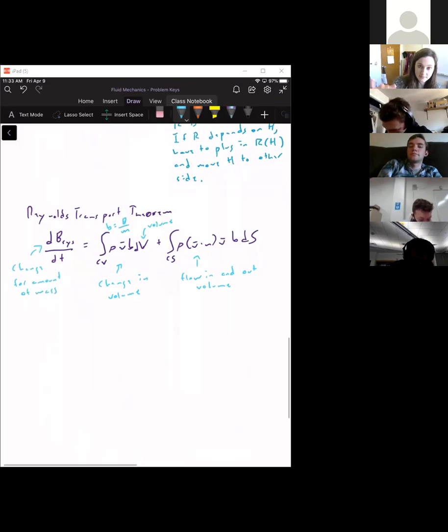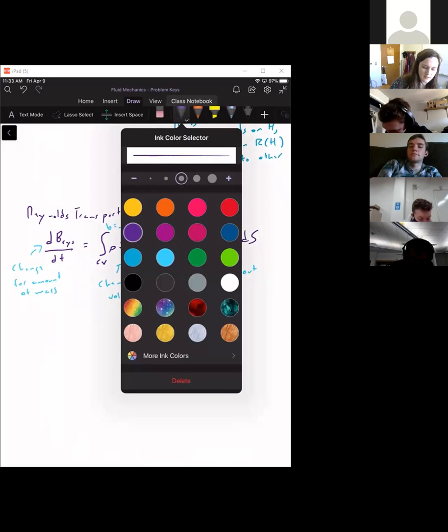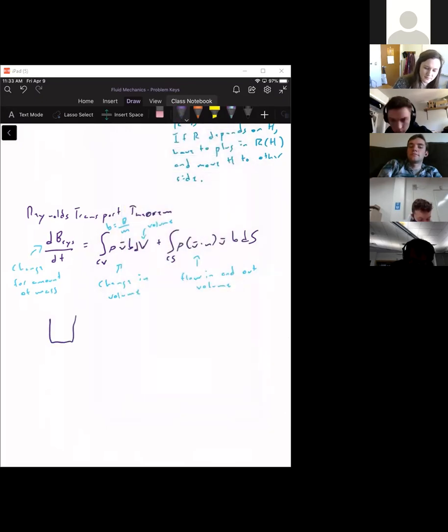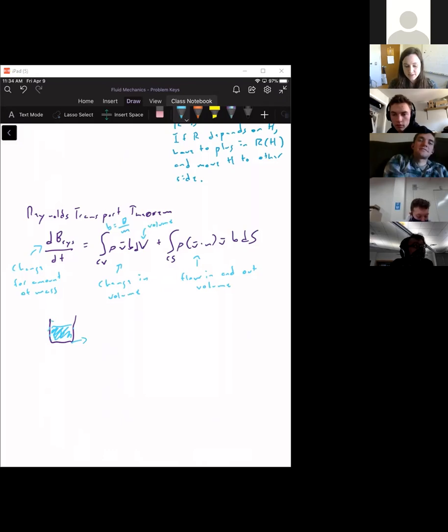So in this case of the mass balances, the change in the volume would be, as the water in here is dropping, the volume that I drew is getting smaller. So that would be that part. And then the flow going out the bottom, that would be that part, that's a flow over the surface.